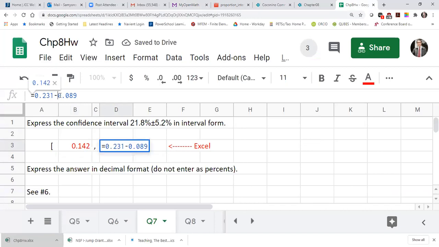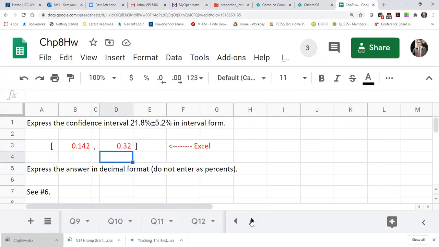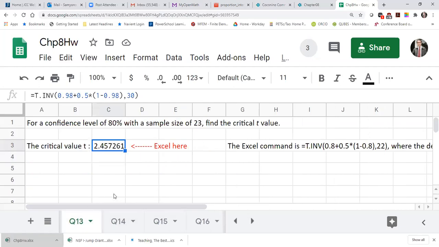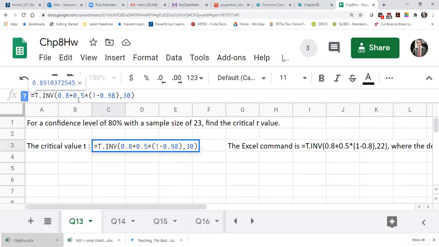I have another question. I got the answer correct now. Okay, good. Question 13. I did it on the calculator and I did it in Excel, and I got the same answer, but it's still telling me it's wrong. This one. Yeah, you have to make sure you change this one here. This we call it degree of freedom. I did. I changed it. Okay, for this problem, for the Excel, you need to change this one to 0.80, so that means it's 0.8, right?